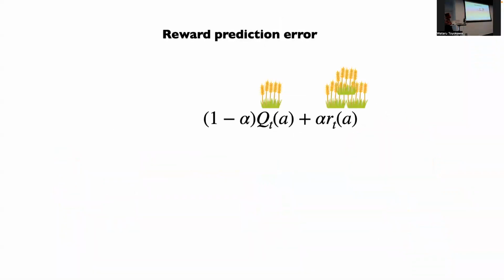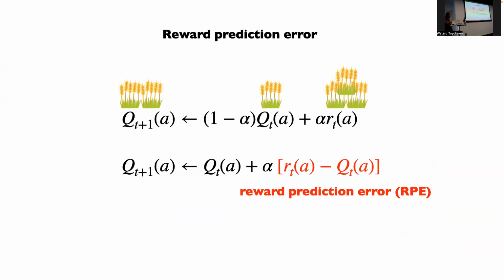More mathematically, this can be written like this, or oftentimes you will observe this second formula in papers and literature, which is also a commonly used form. This term is the reward prediction error: the difference between what you believed and what you actually got.